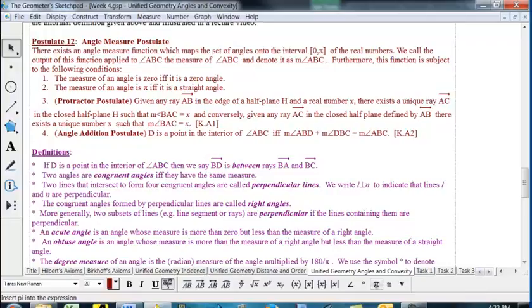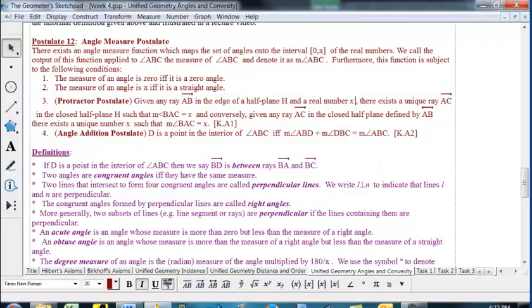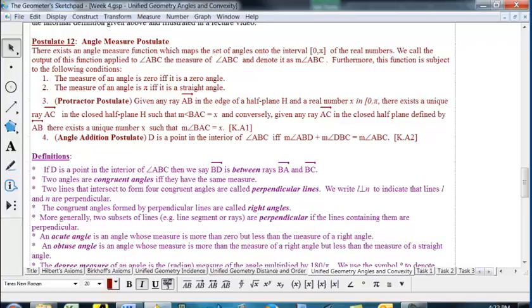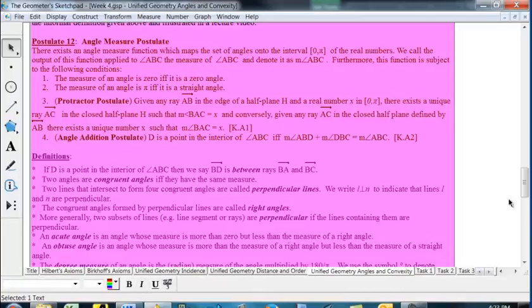And then we have the protractor postulate. Given any ray in the edge of a half plane and a real number x in the interval 0 to pi, there exists a unique ray in the closed half plane such that the measure is that particular given number x.